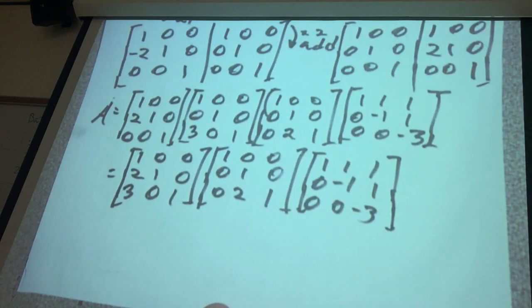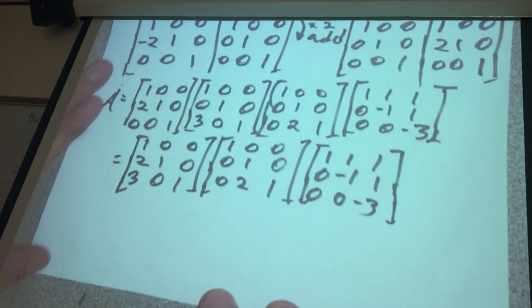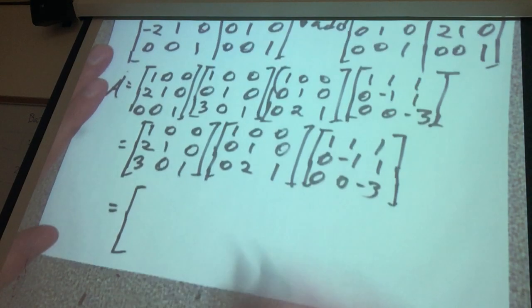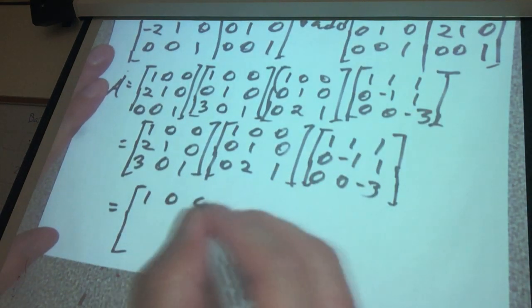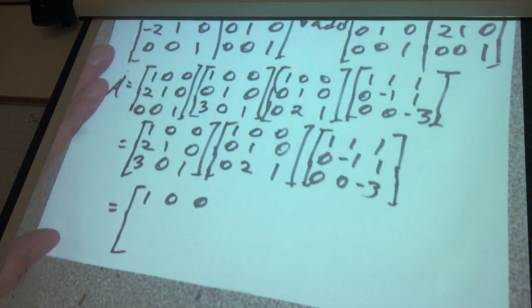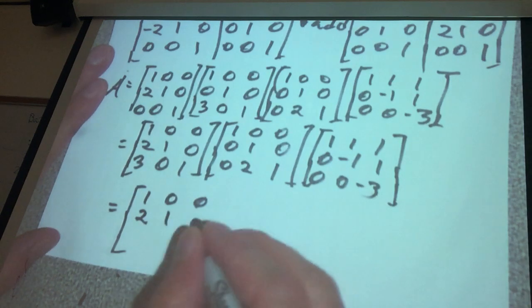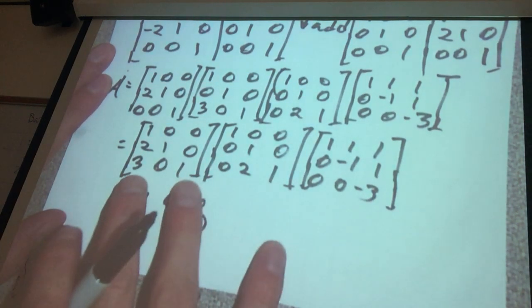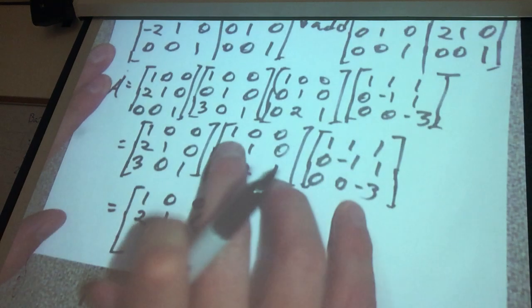So what's going to happen when this guy acts upon it? That's 1, 0, 0. This row takes the first row, multiplies it by 2, and adds it down: 2, 1, and 0. Now this row, the first thing it's going to do is that 3 is going to hit the 1.